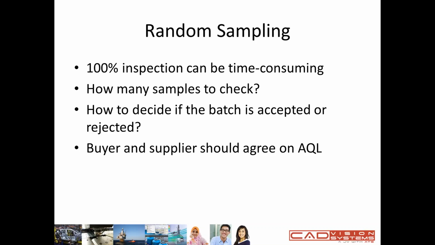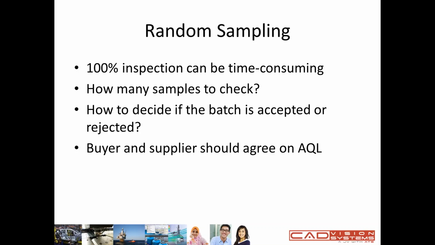Okay, so when we're manufacturing some parts, how do we know how many units we need to take out to do the inspection? For example, you manufacture 3,000 parts. Should I take out 100 components to do the inspection? 200 or 300?